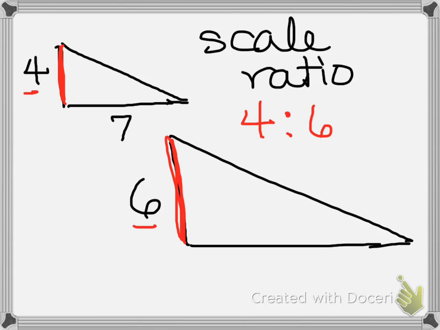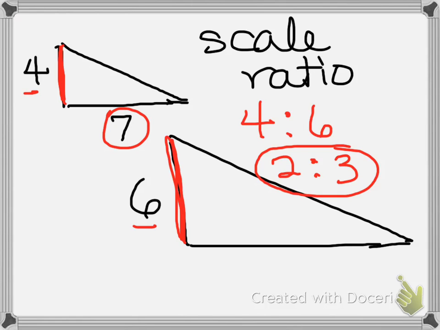That can be reduced to lowest terms, or simplest form, if I divide both of those numbers by 2, and I'll get 2 to 3. So we would say that the scale ratio for those two triangles is 2 to 3. We don't use the number 7 because we don't have another corresponding side down here. We don't know what this is, so we can't really use that side. You can use any of the sides as long as you have the measure in both triangles of that same corresponding side.